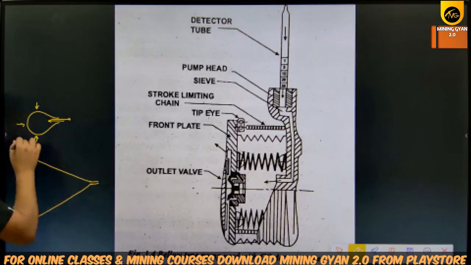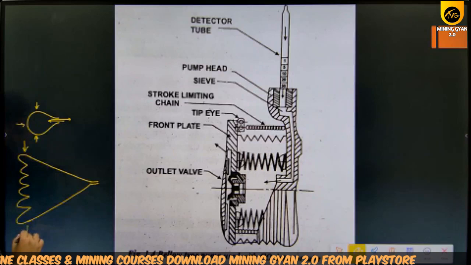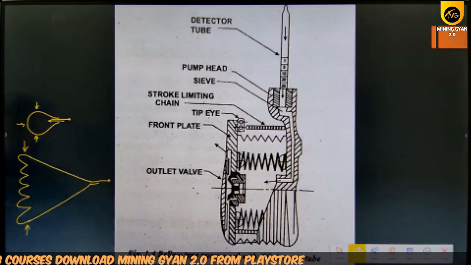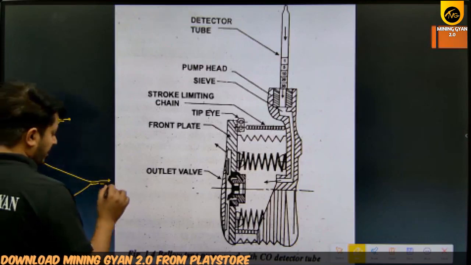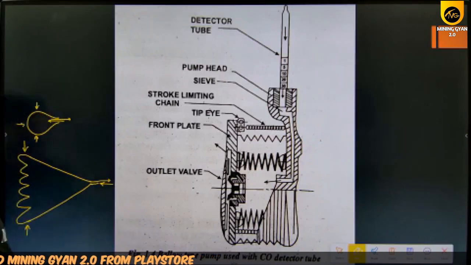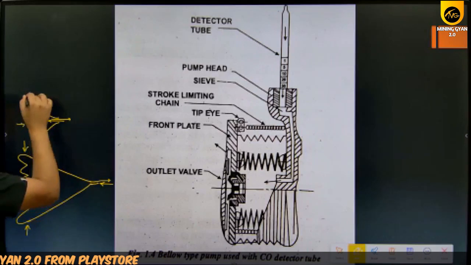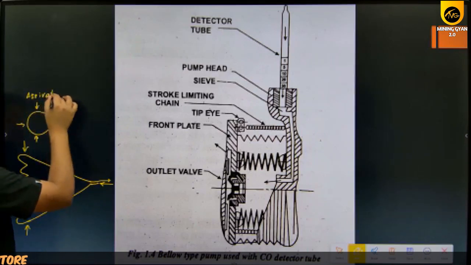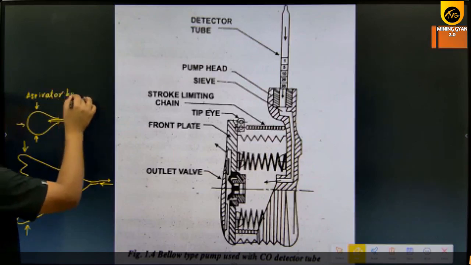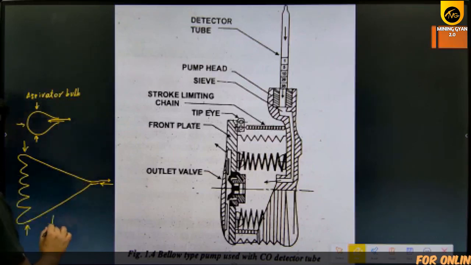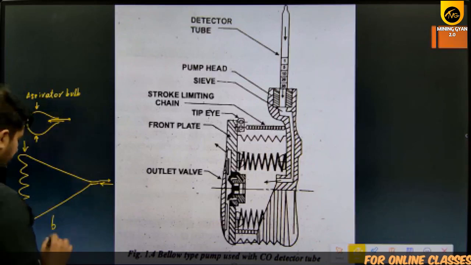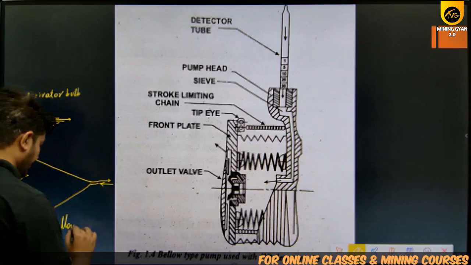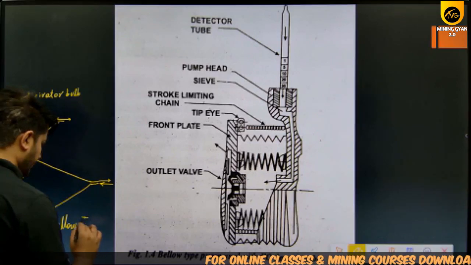You will press the bellow up and down, and when you press it up and down, it will throw air out and take air in. This is called bellow. This is called aspirator bulb, and this is called bellow pump.